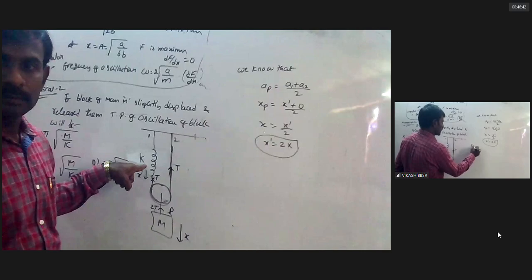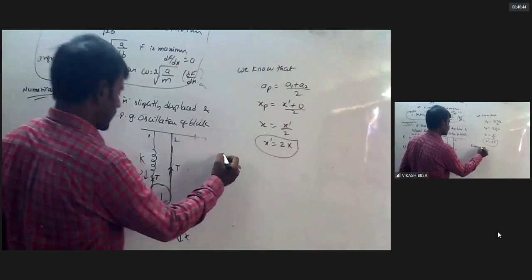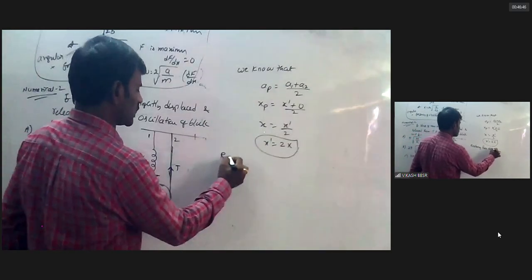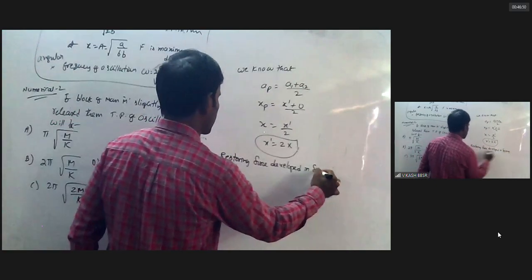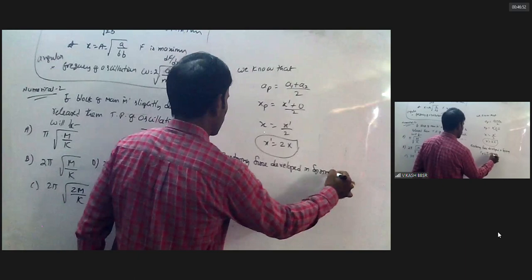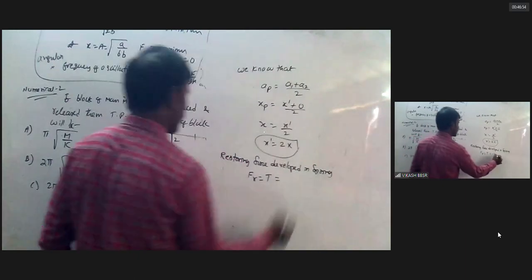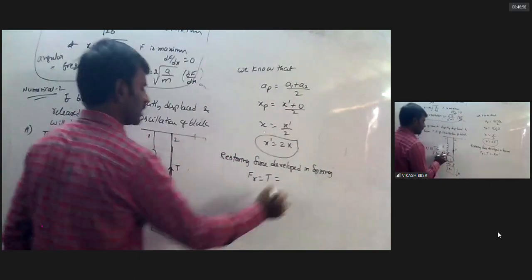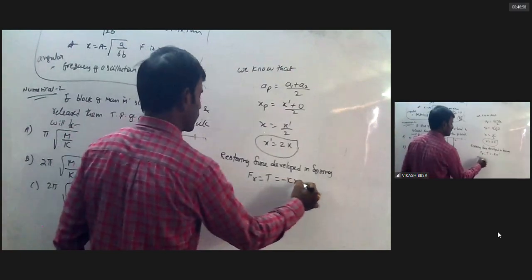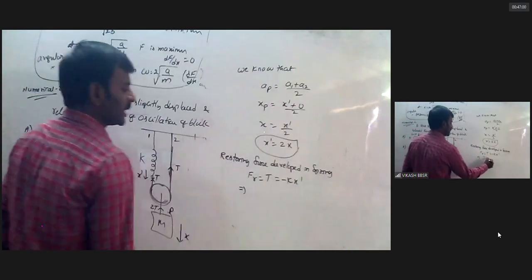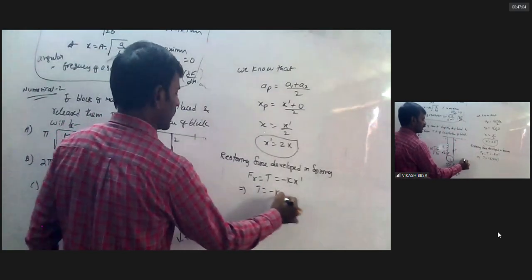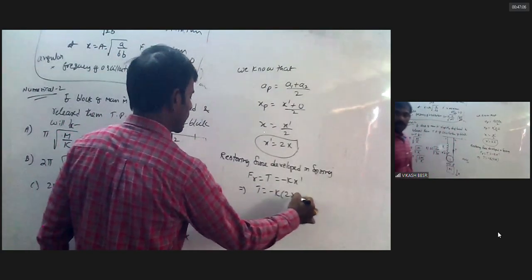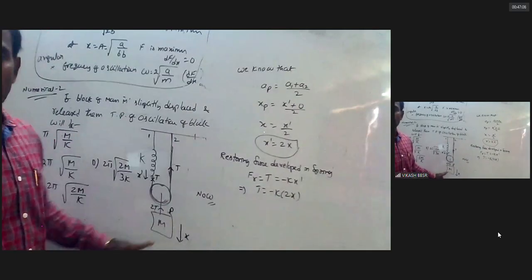The restoring force developed in the spring is T equals minus K into x dash, which implies T equals minus K into 2x.